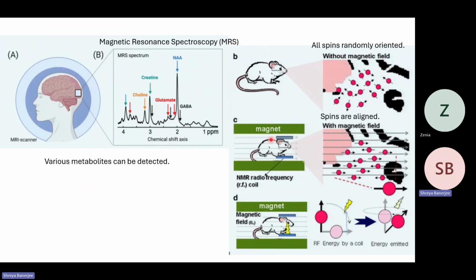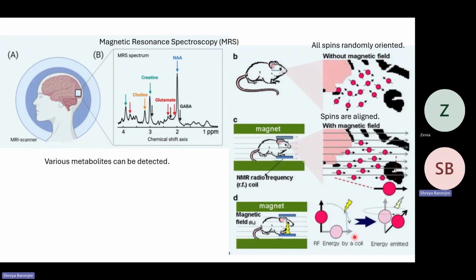When you place the mouse in a magnetic field, with a specific radio frequency, all the spins will get oriented, either aligned with the field, which is lower energy, or opposite to the field, which is higher energy. This radio frequency that the field is providing will turn the magnetization by 90 degrees. We have studied this, and this will be detected as the NMR signal.